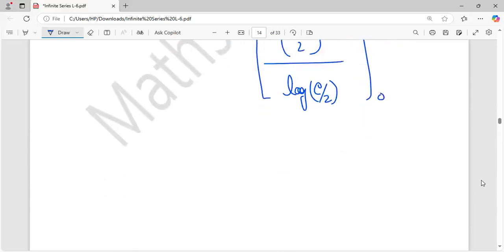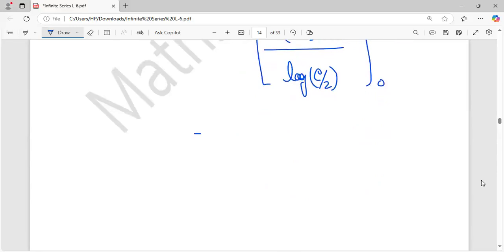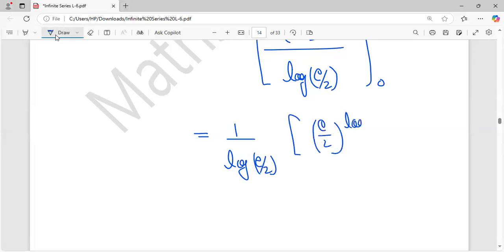Now, this is 1 upon log of e by 2, times (e by 2) to the power log epsilon minus 1.